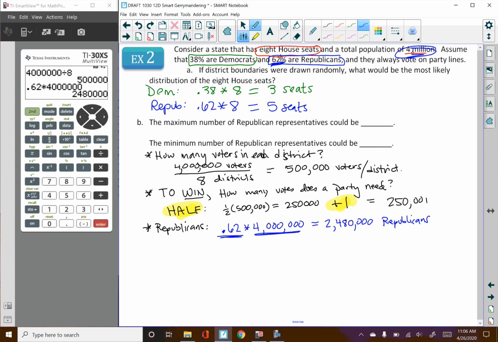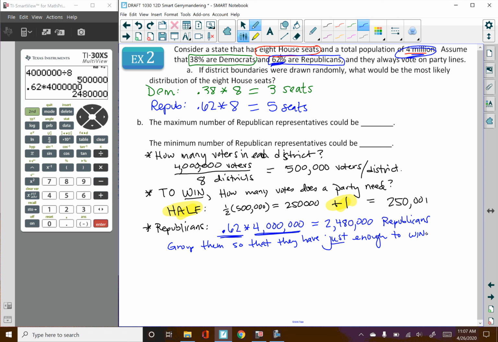So now that we know how many Republicans there are, we have to think about how we can group them. We want to group them so that they have just enough to win. We don't want to put 500,000 Republicans into one district together because we don't need that many to win that district. We only need 250,001 Republicans in that district to win it.